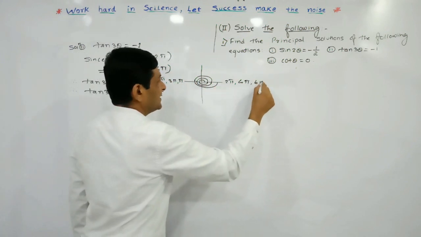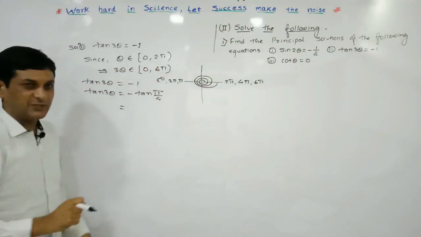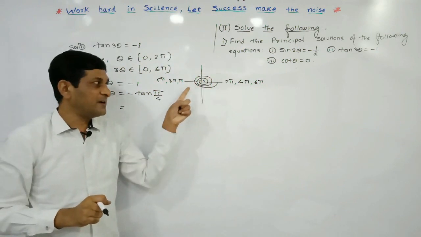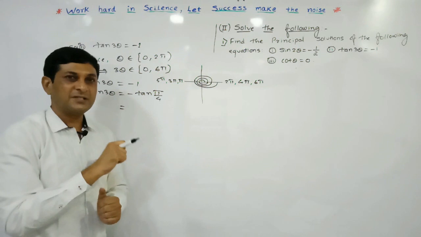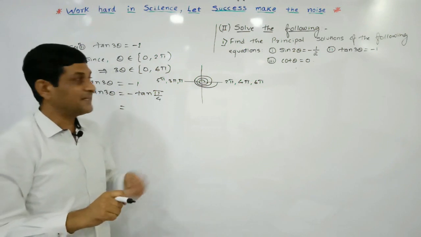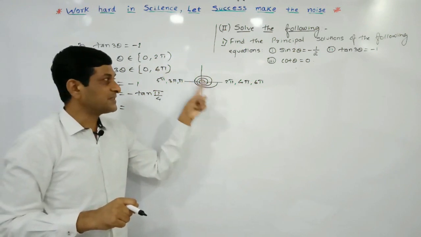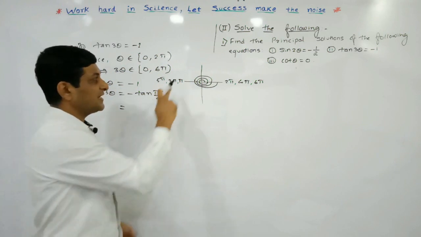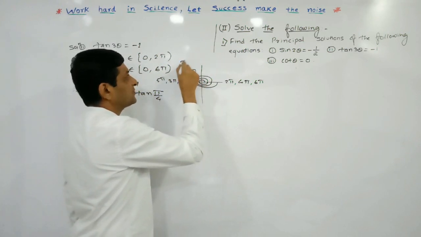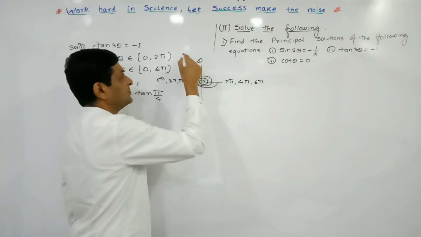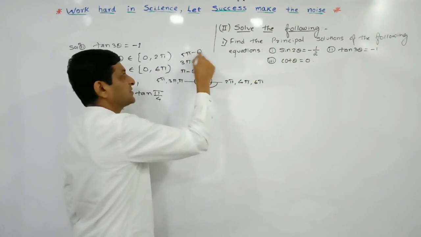Now the value of tan is negative. We know that in the first quadrant and in the third quadrant tan is positive. And since the value of tan is negative, our solution exists in which two quadrants? Second and fourth. Now second quadrant means pi minus theta. Again we can say 3 pi minus theta. Again 5 pi minus theta.